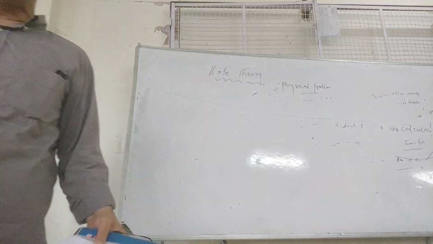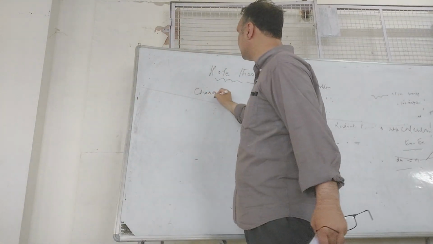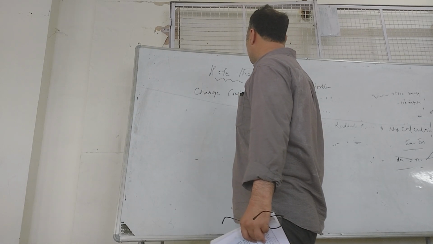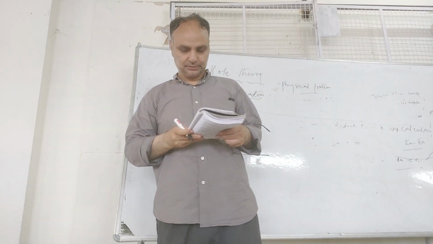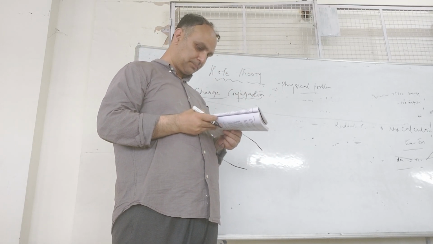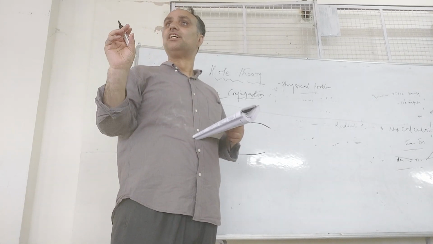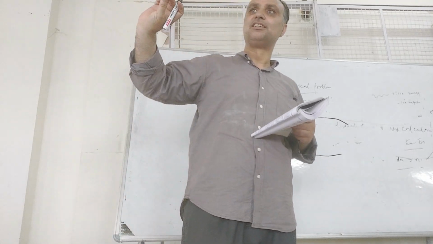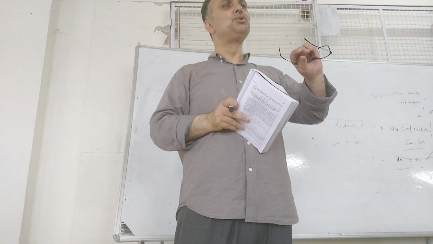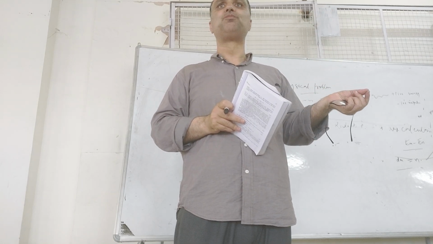Now there is something called charge conjugation. Charge conjugation means what? Each particle can have its own antiparticle. Charge is the same, but the opposite sign. Then conjugate. So if we create an electron, it happens at the expense of some positron.